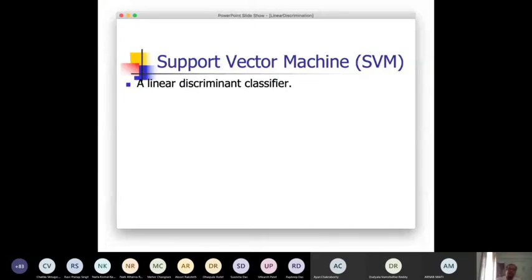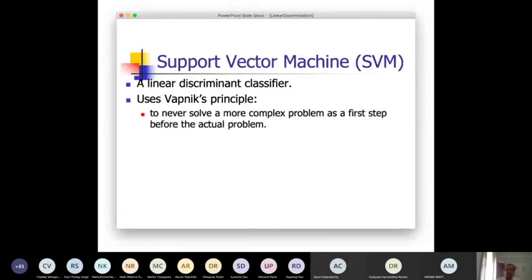As I just mentioned, it is a linear discriminant classifier, and Vapnik is the inventor of the support vector machine, in the 60s, along with another scientist whose name I forgot. The idea is to never solve a more complex problem as a first step before the actual problem, which means, suppose I consider the class boundaries in this context.